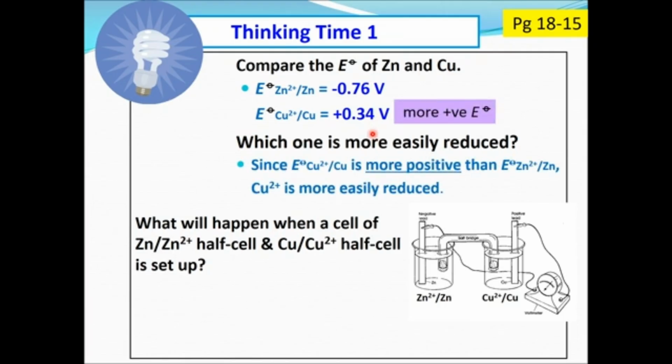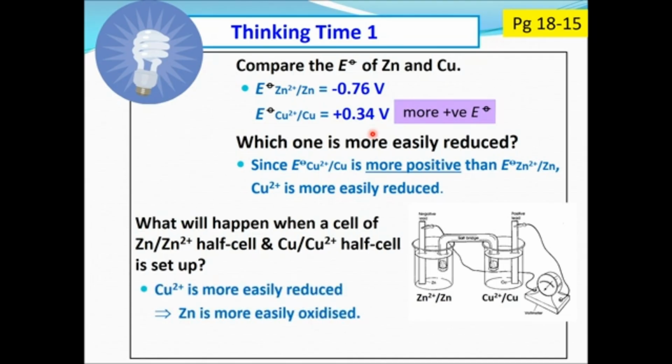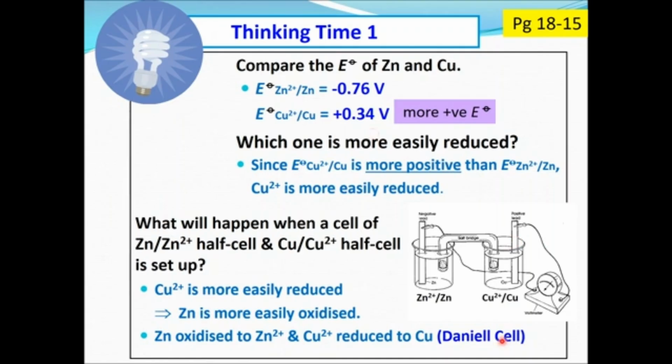And what will happen when these two link up? Well, since Cu2+ is more easily reduced, it will be reduced, and the zinc metal will be oxidized. This is something that we'll talk about later, called a Daniell cell, in the later part about galvanic cell application. So keep that in mind first for now.